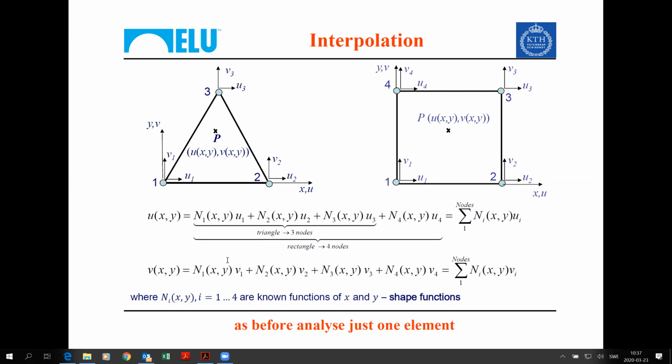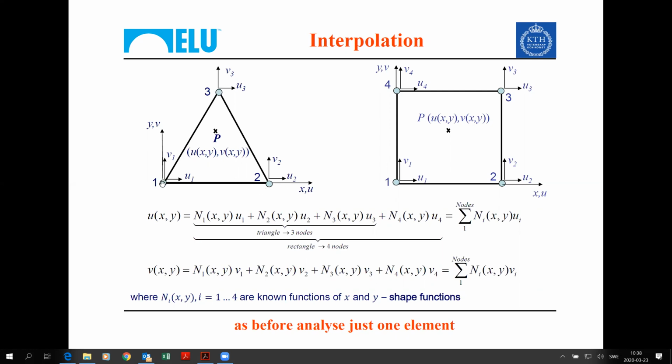Why do we use the same form function? Why not use different form functions for U and different form functions for V? Simply because these are interpolations in the element local coordinate system.